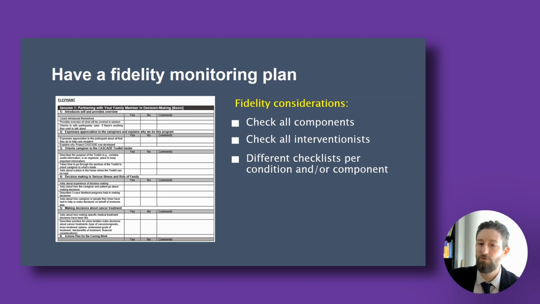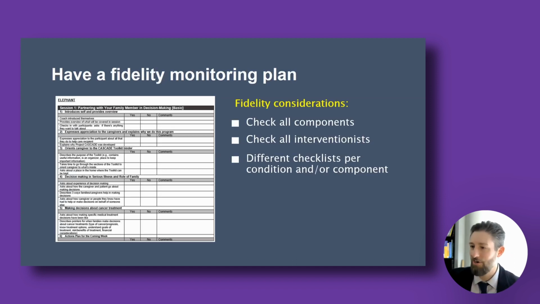So when you're doing fidelity, if you choose to do fidelity and listen to recordings, I would check all components, check all component levels. I would check each interventionist, whether it's 10% of each interventionist or at least a full session. And then develop different checklists for each condition and component. So again, it's a little work.